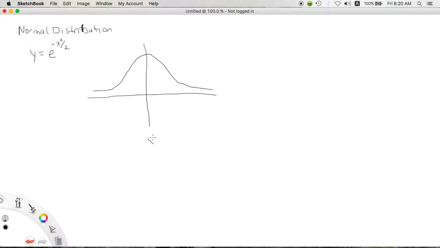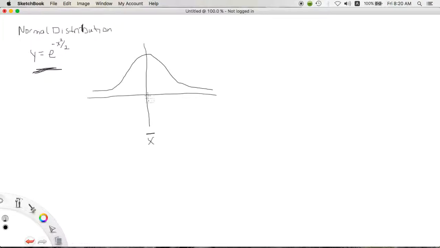But when we're looking at data, generally speaking, its middle part here is the mean, the average of the data. And this here is a precise mathematical model for normal behavior. So we're not actually going to use the equation very much, but we are going to look at this graph.